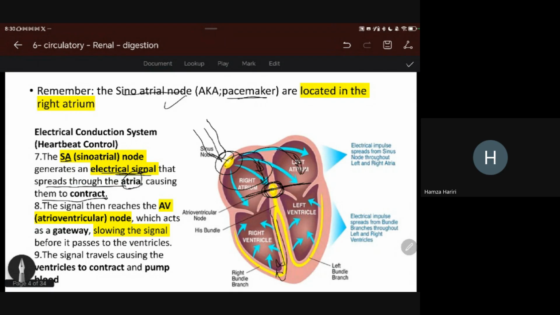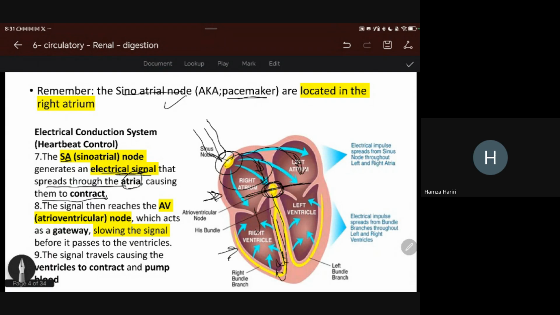Why do we need to slow it down? So that the right atrium and the right ventricle, for example, do not contract at the same time. We need a fraction of a second between their contractions. We want the right atrium to contract first, and then when it relaxes, the shock is delivered to the right ventricle, and it contracts after the right atrium.